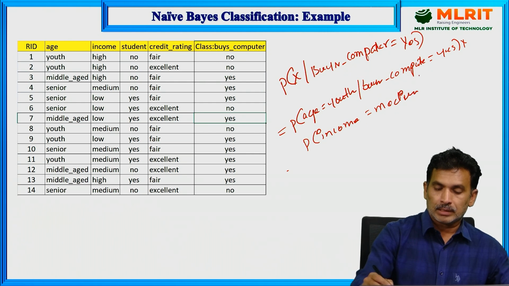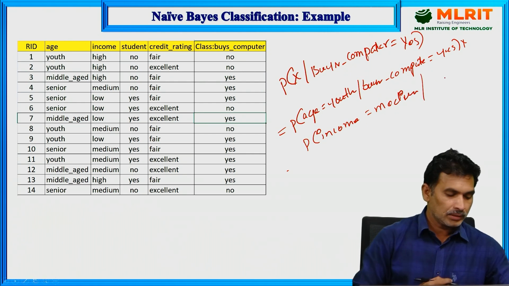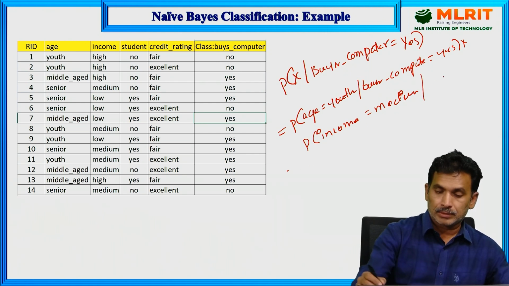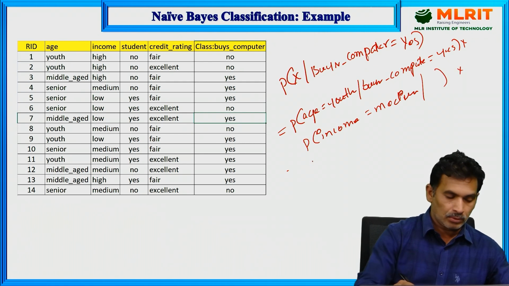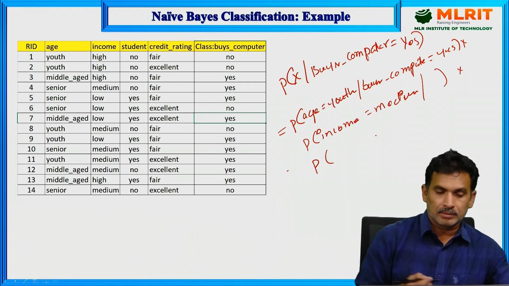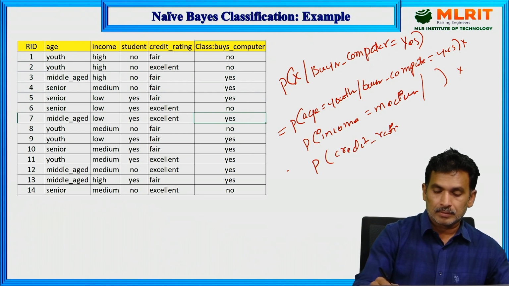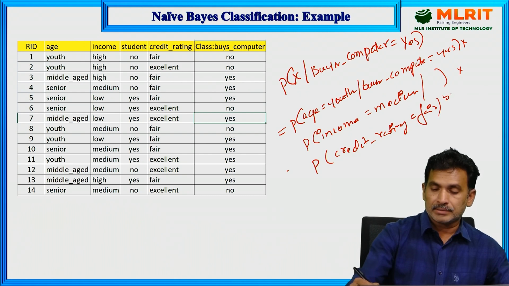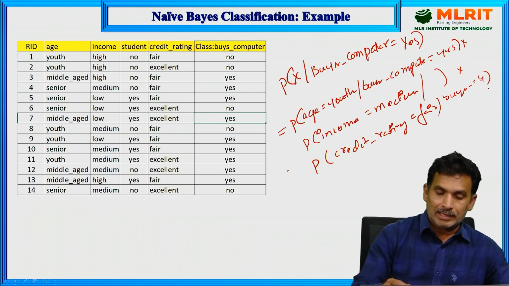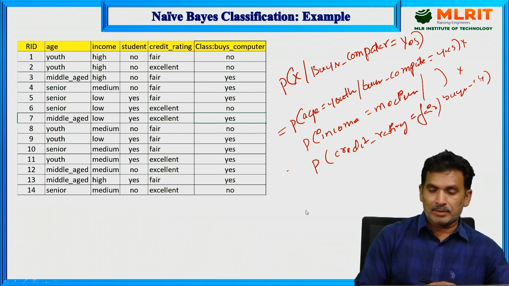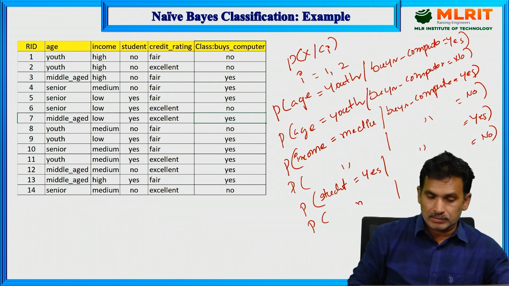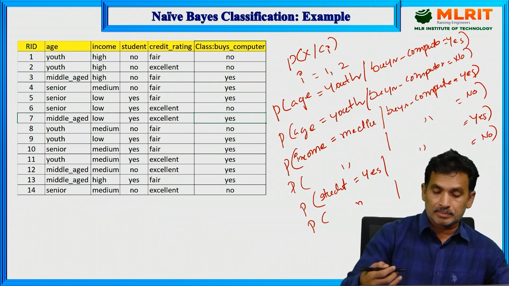Medium given Bayes computer yes, times probability of credit rating, that is fair, credit underscore rating equal to fair given Bayes computer yes. Like we'll expand this and then we'll substitute the values like we have already calculated. In the previous slide we have calculated all these probabilities.